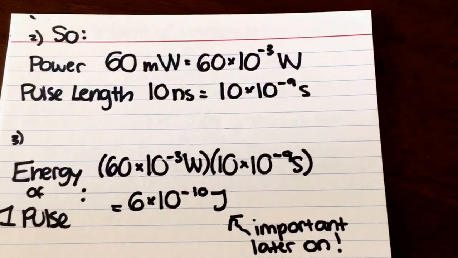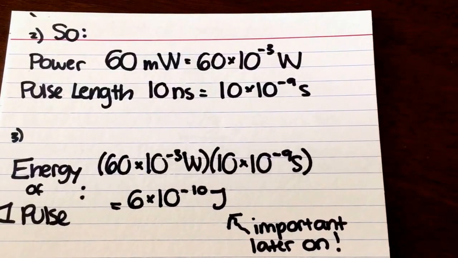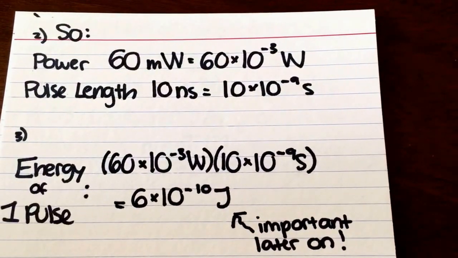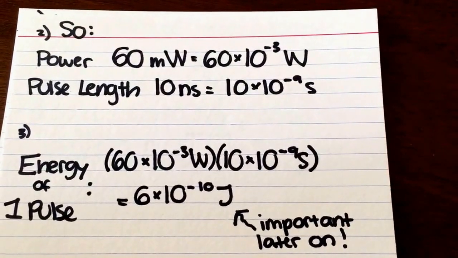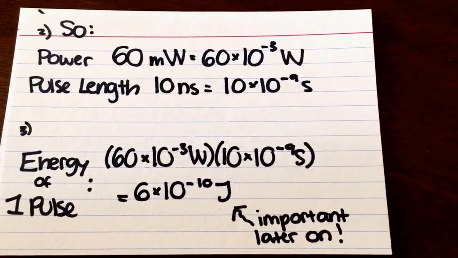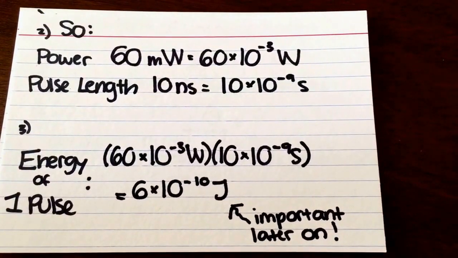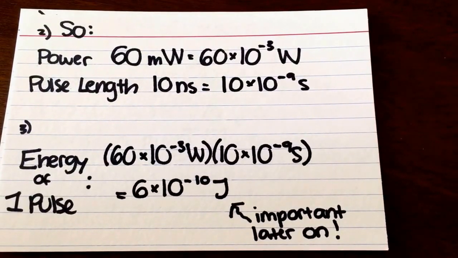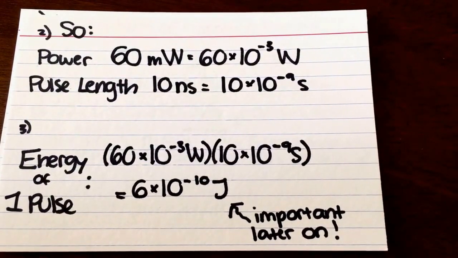So as you can see, we convert our milliwatts into watts, and we convert our nanoseconds into seconds, and then we multiply the two. That will take us into 60 times 10 to the negative 3rd watts times 10 times 10 to the negative 9th seconds equals 6 times 10 to the negative 10 joules.